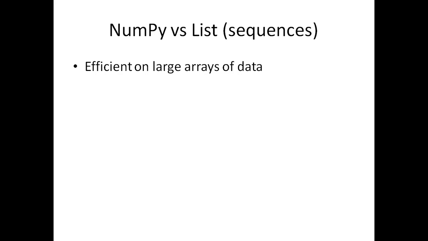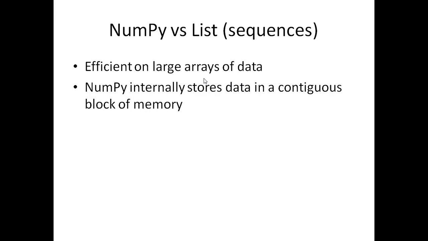Now let us compare NumPy versus lists, or the sequences that we have already studied, that is tuple, dictionary, and so on. NumPy is very efficient on large arrays of data. NumPy internally stores data in a contiguous block of memory, that is, all the elements will be in continuous locations.